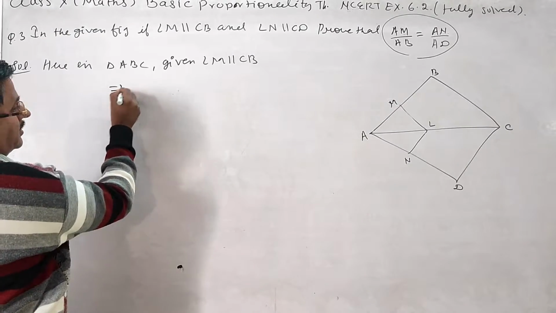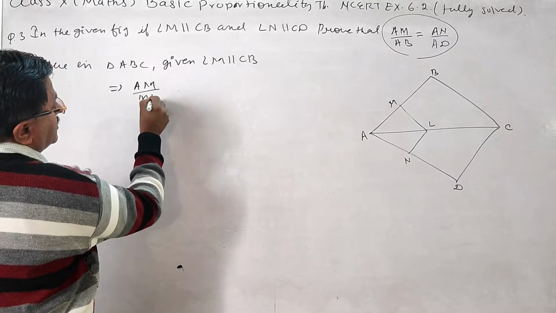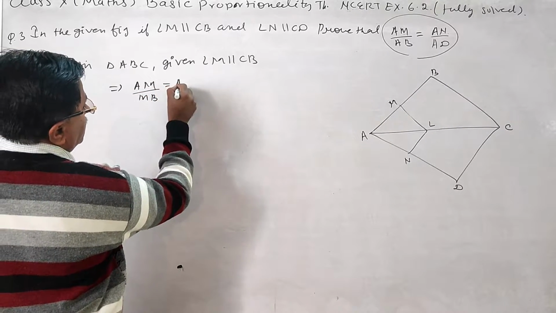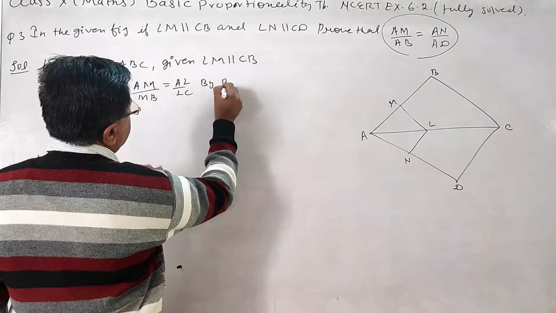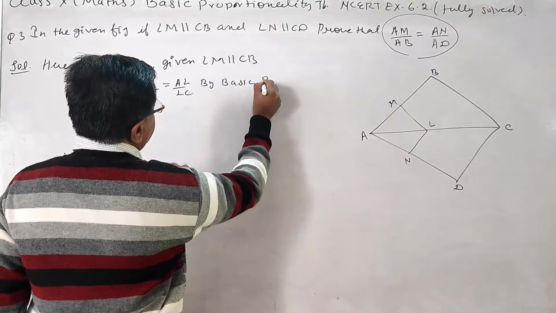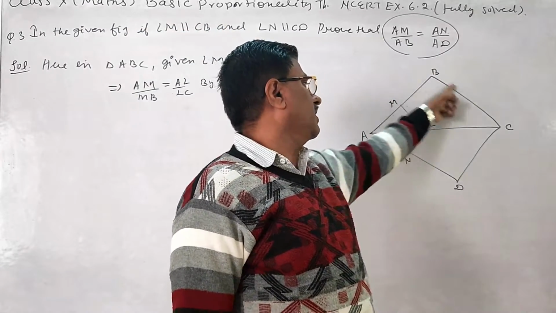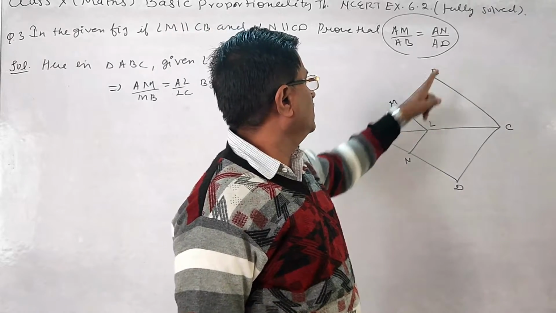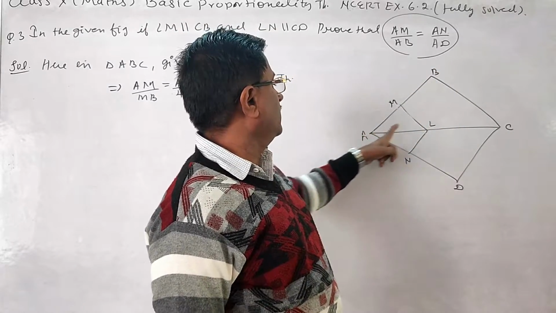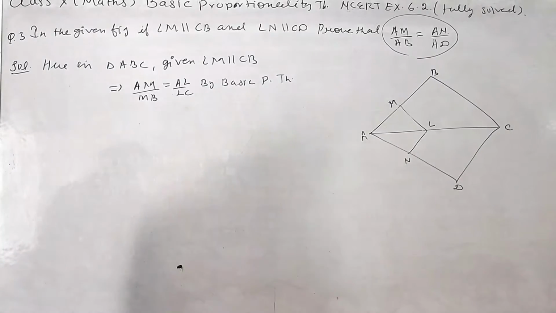So we get AM upon MB is equal to AL upon LC. This is by basic proportionality theorem. What does the basic proportionality theorem say? If this line is parallel to this, then it divides in the same ratio, that is AM upon MB equal to AL upon LC. So we get this result.